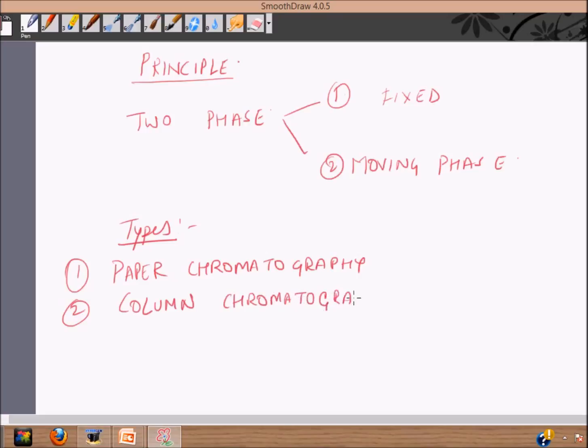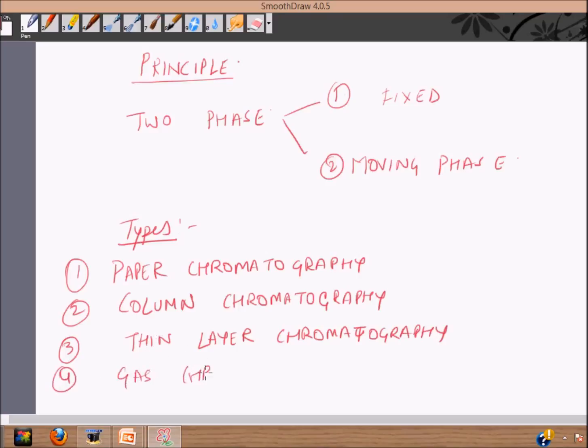Third is thin layer chromatography. Fourth is gas chromatography. As paper chromatography is the simplest of all these methods, we'll be discussing paper chromatography.